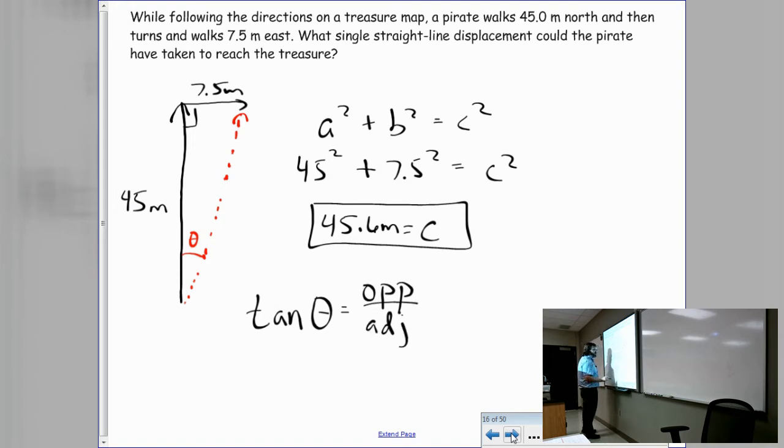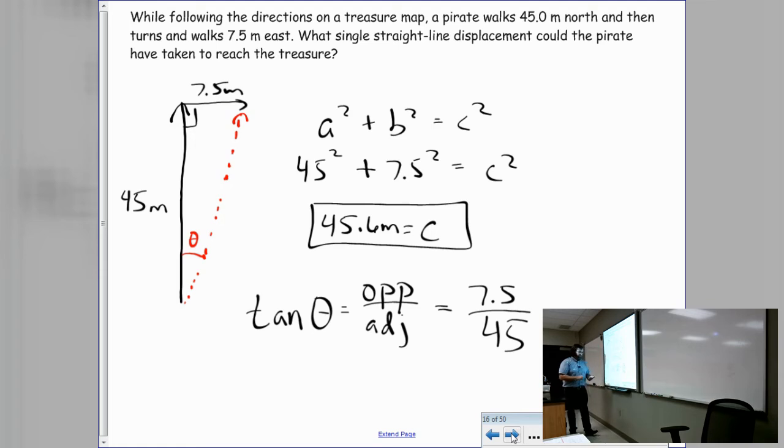I could use any trig function at this point because I've got all three sides, but I would try and focus you on using tangent because opposite and adjacent were given to me in the problem. So I really should use those in case I messed up with my hypotenuse in my first part. So the opposite side is 7.5 meters and the adjacent side is 45 meters.